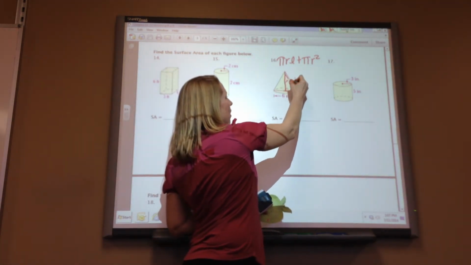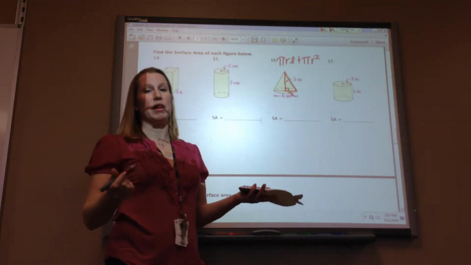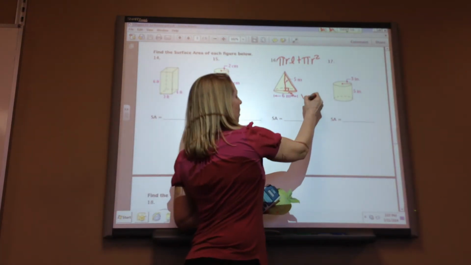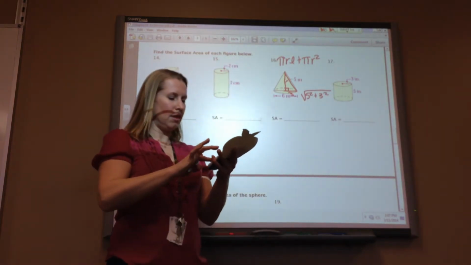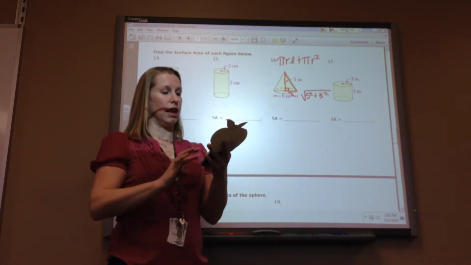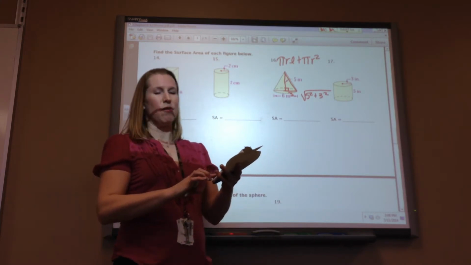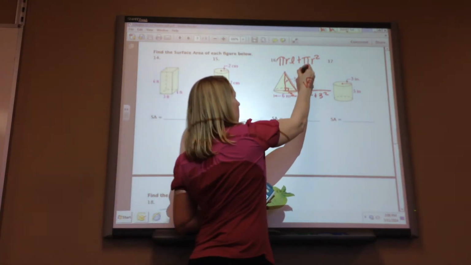So what do you think we have to do to find that slant height? Well, we have to do Pythagorean theorem. We do not know the hypotenuse, so we're going to add 5 squared plus 3 squared. That is not a 3, 4, 5 because the 5 would have to be the hypotenuse. I got radical 34, but I'm going to change it to a decimal and get 5.8.